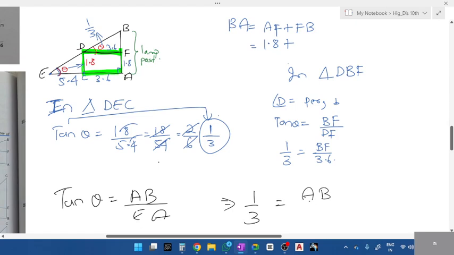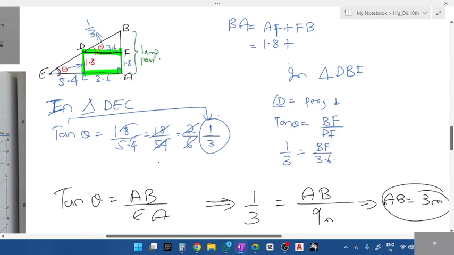We don't know AB, but EA is 9 meters, the entire thing, if you add, you get 9. Now tell me what is AB? 9 divided by 3, 3 meters. Even through this, we got the answer 3 meters.